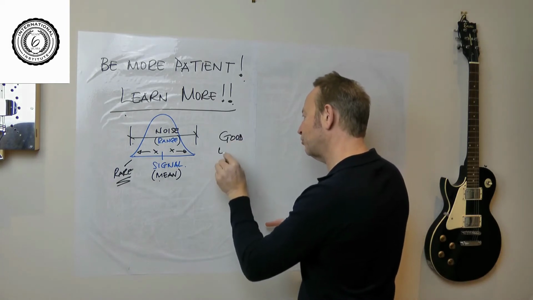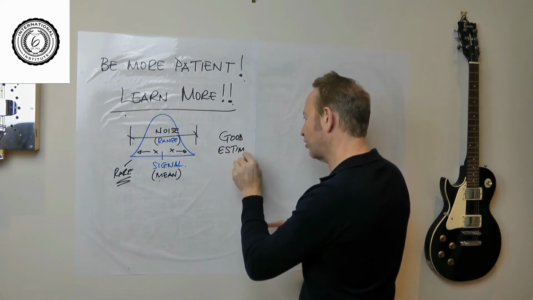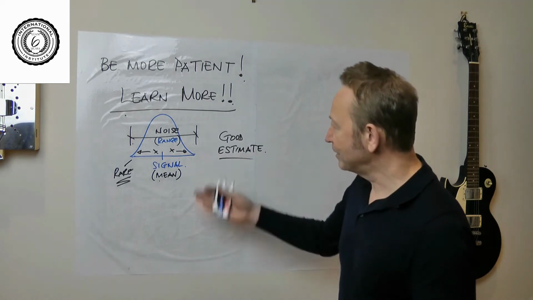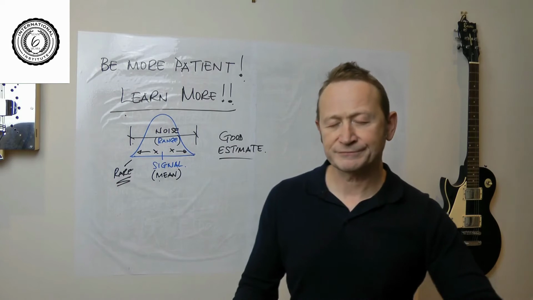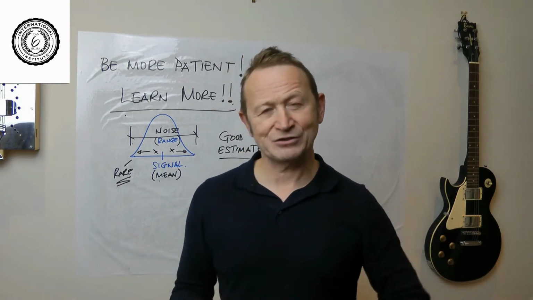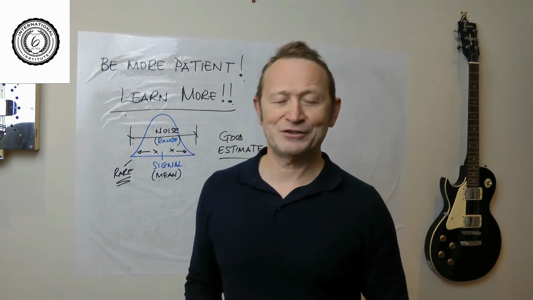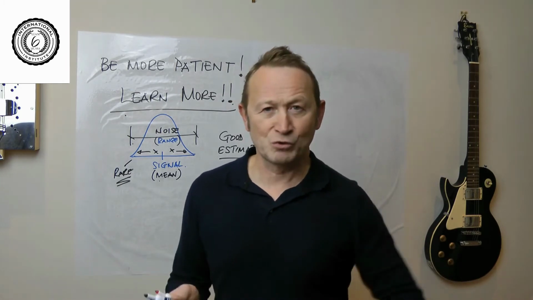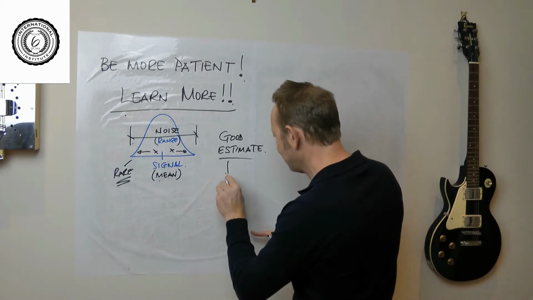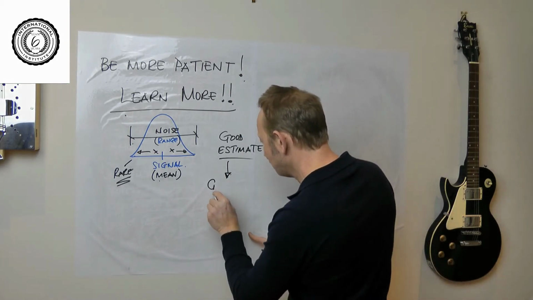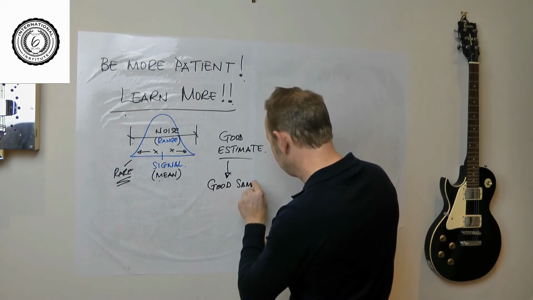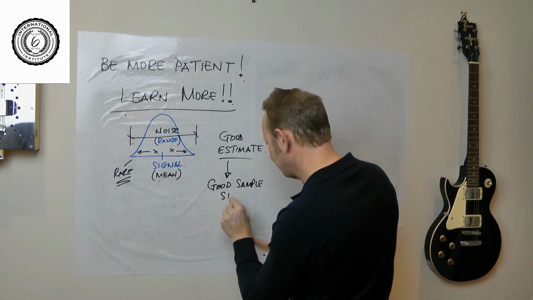We want to get a good picture of what's going on, because every number you collect out of your process is an estimate. So we want a good estimate. Now, how do we normally try to advise you to get that? Well, the statistical technique that we advise, and I use a rule, I don't do the calcs very often, is to use a good sample size.